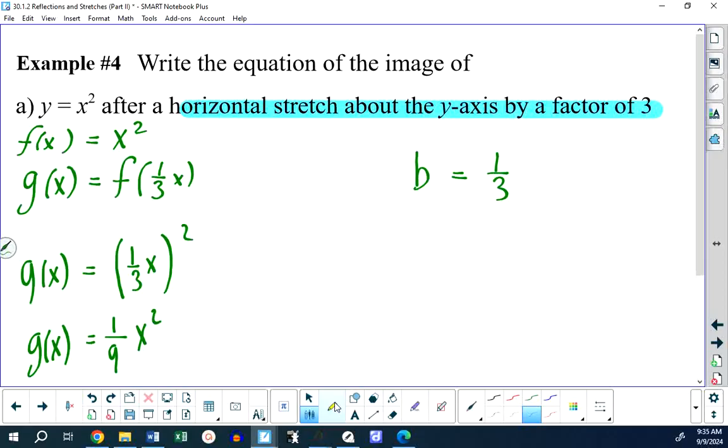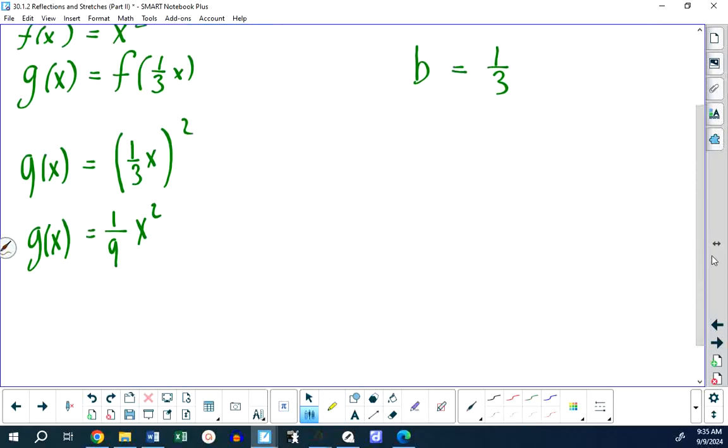Whatever this new function g of x looks like, I can arrive at that by taking the original function and stretching it horizontally by a factor of 3. Or I can take the original function and stretch it vertically by a factor of 1/9. Because what I have down here is g of x is equal to 1/9 times f of x, because x squared is f of x.